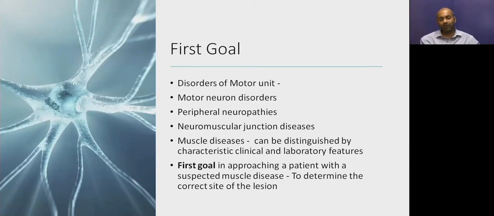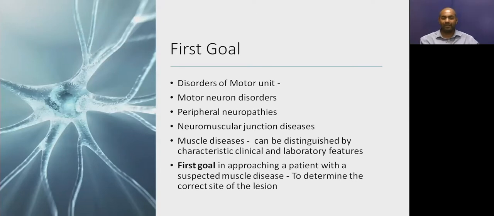So the first goal, when we see a patient with suspected myopathy, muscle disease, is to differentiate it from other diseases of the lower motor neuron. You would have had lectures on motor neuron disease, and you had a lecture on neuropathies. So the first goal in a patient with a suspected muscle disease is to determine the correct site of localization.